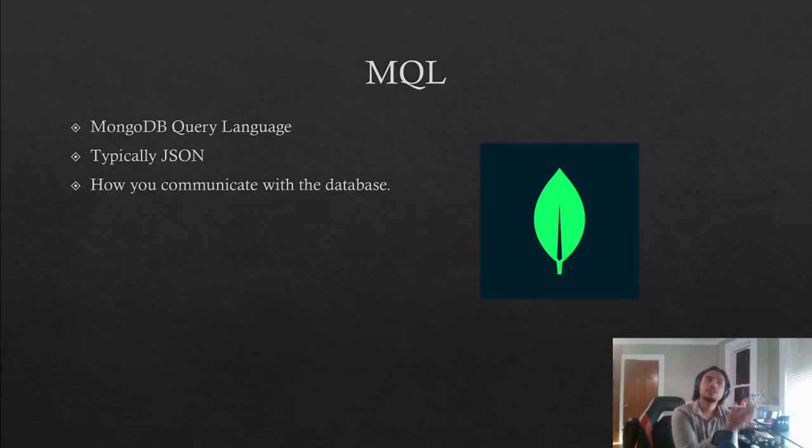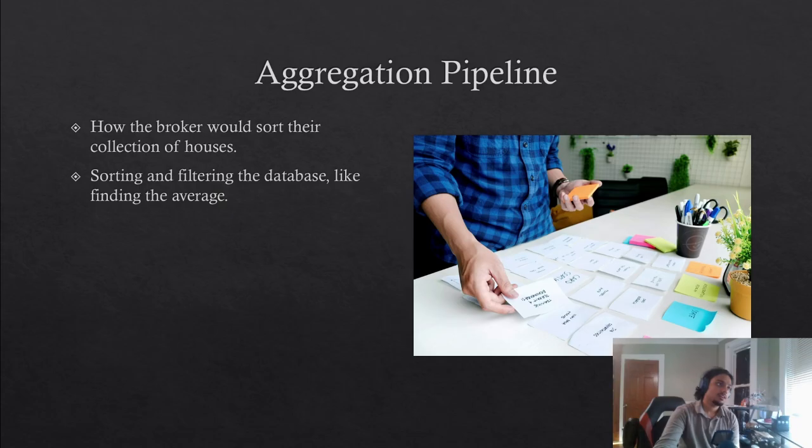This is how you communicate with the database. Aggregation pipeline is, say the broker wants to sort the buildings based on, say, rent below $1,000, houses with two bedrooms. The sorting and filtering, all of that is through aggregation pipeline.